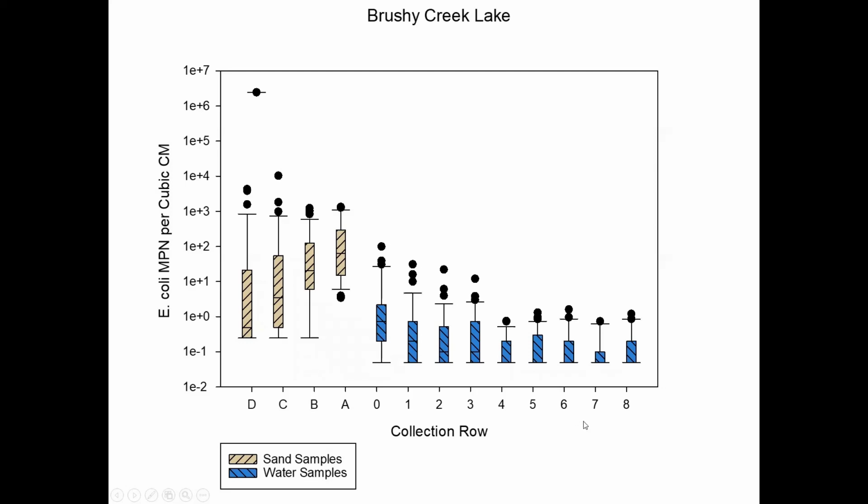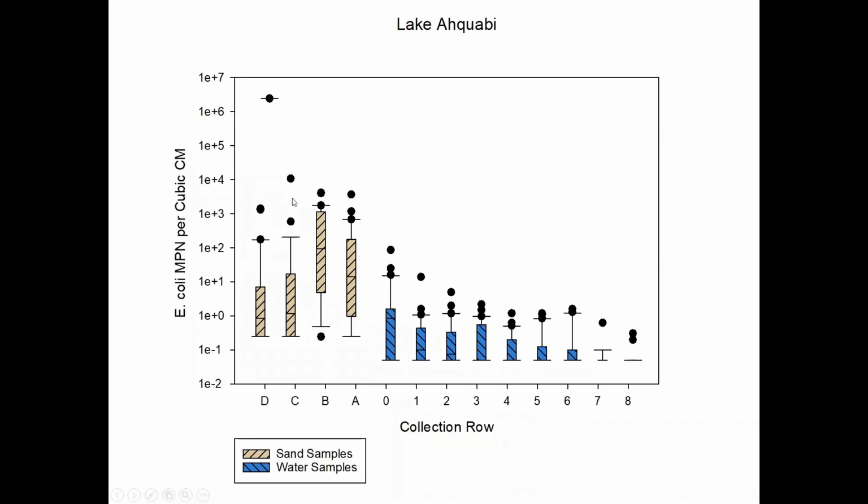Recreating these graphs on any of the systems that we collect these data on yield similar results, with always having higher concentrations in the sand, lower concentrations in the water, and then a fairly rapid drop-off as you move outside of that recreational swimming environment.